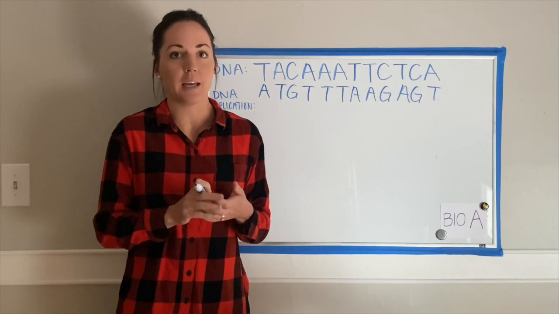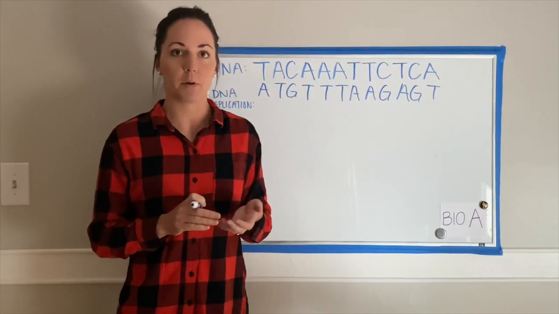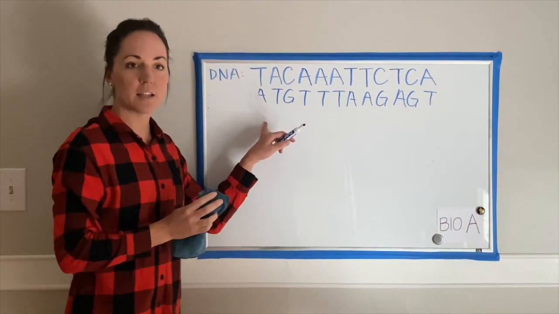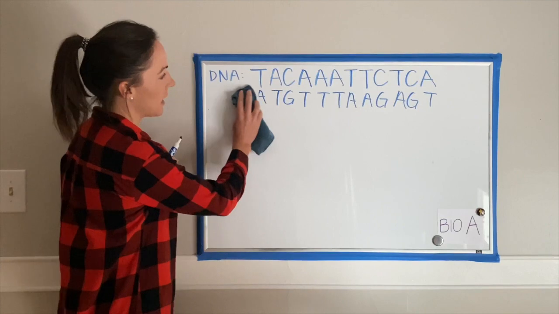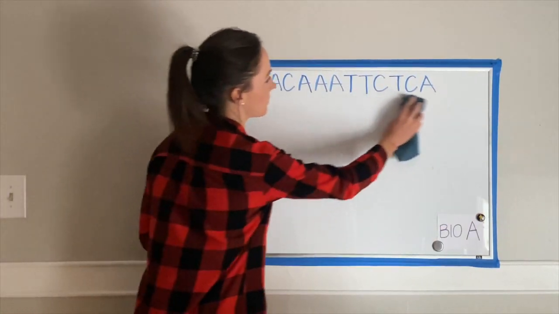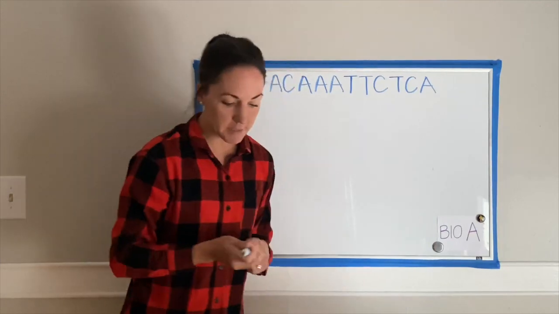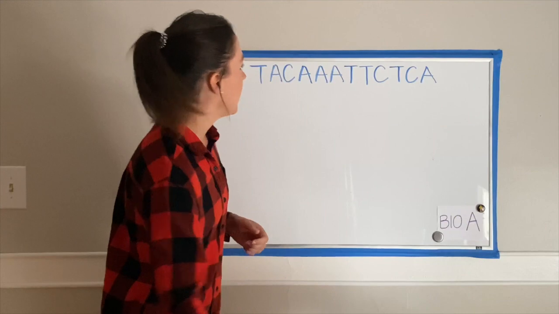This week we are looking at how our DNA actually codes for our body to make proteins. Instead of looking at this to make a new strand of DNA, what we are looking at this week is RNA. It's the same type of process, but remember we've got a different nitrogenous base in RNA.